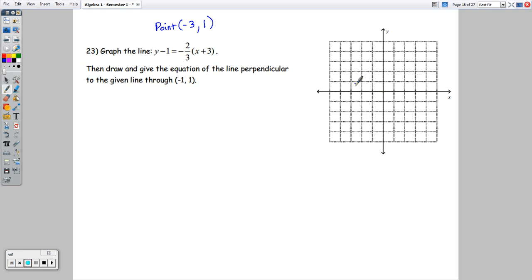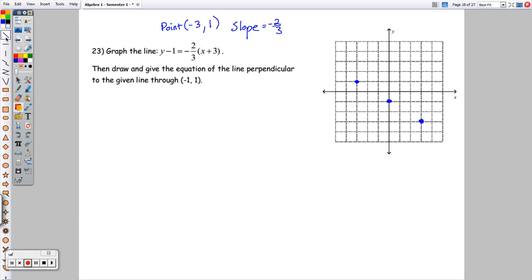So negative 3, 1. And then you have a slope right here of negative 2/3. So the slope equals negative 2/3. So from here, go down 2, right 3. Down 2, right 3. Connect those with a line.